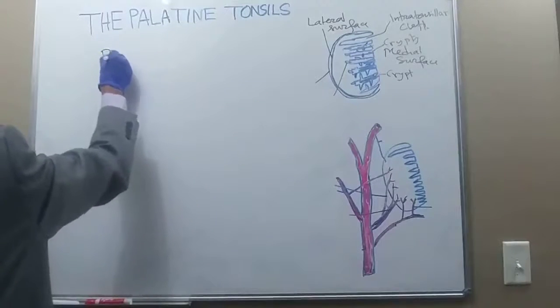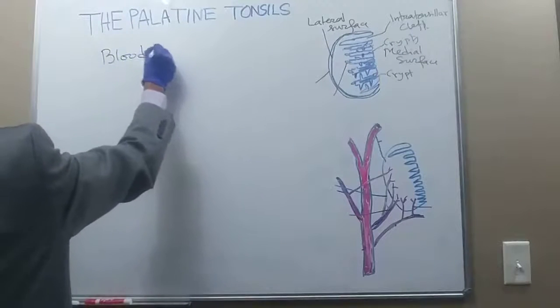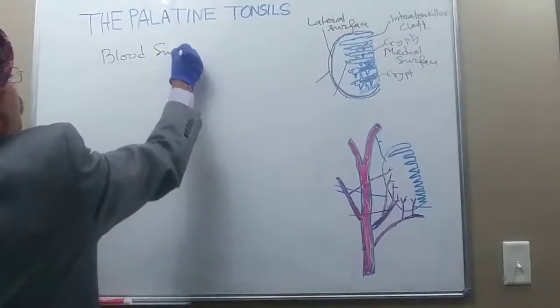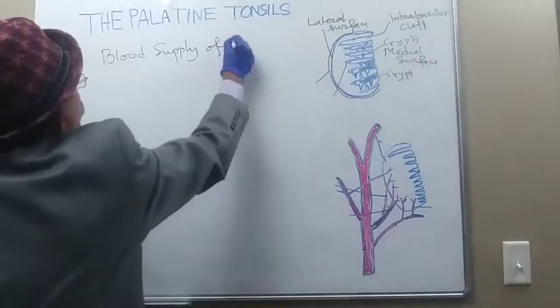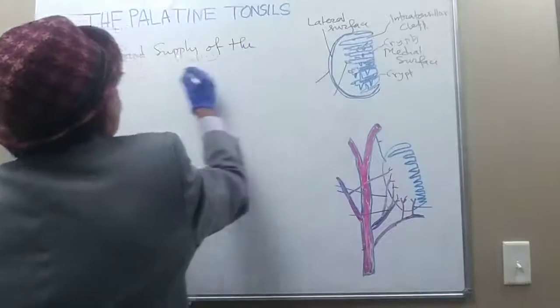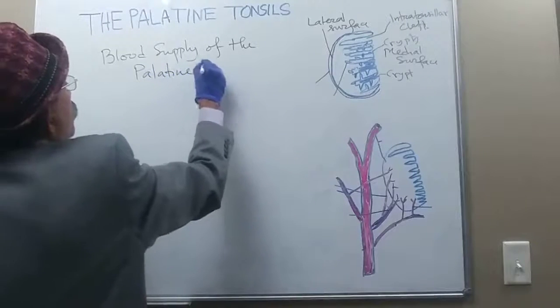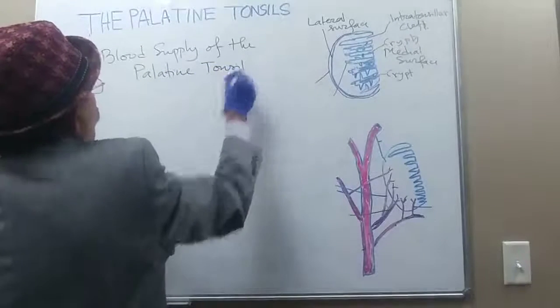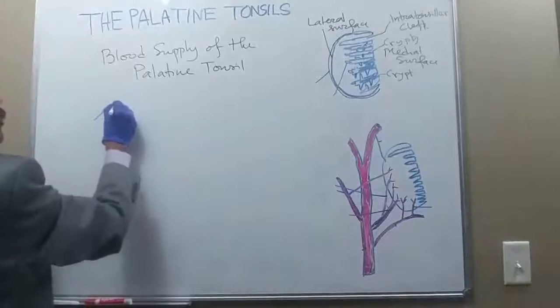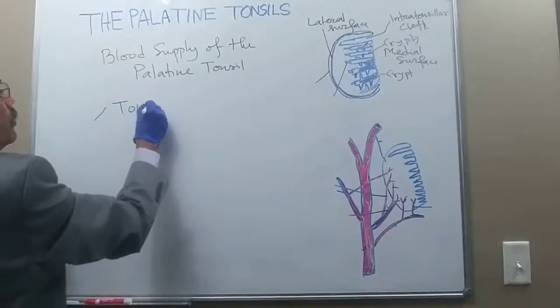That is very important to us. Blood supply of the tonsil, we can say of the palatine tonsil. Number 1, tonsillar branches of the facial artery.